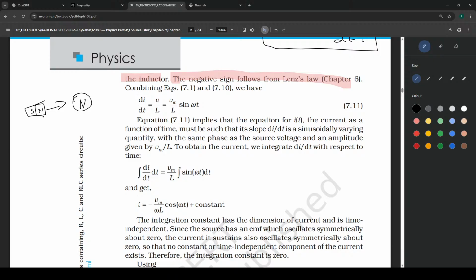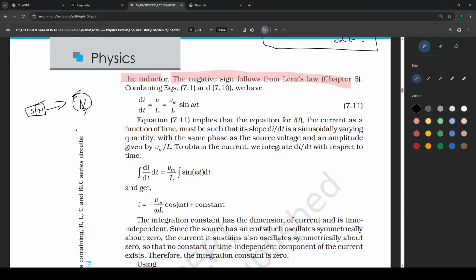If it is a north pole, it will repel the magnet, thereby opposing the change. For it to produce a north pole, the current will be induced in the anti-clockwise direction, through which the loop will provide a north pole.